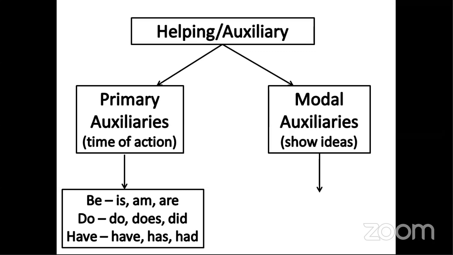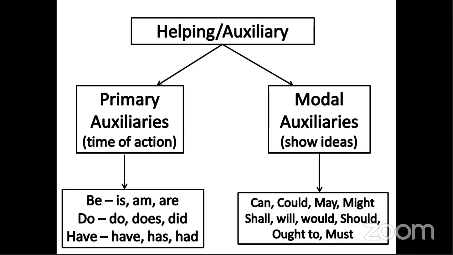And what are modal auxiliaries? They show us ideas. Words like can, could, may, might, shall, will, would, should, ought to, must. You may have used these verbs, and these words are called modal auxiliaries. They basically show an expression or give us the intention, or indicate some idea.